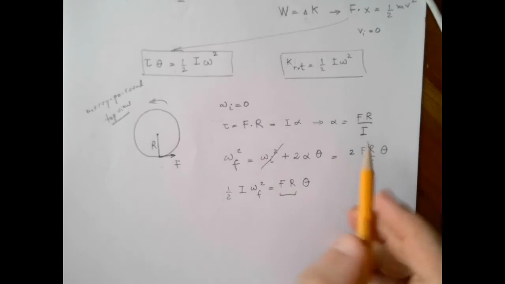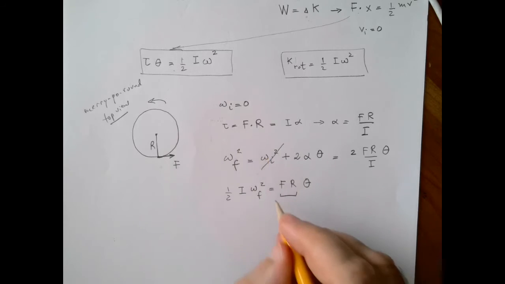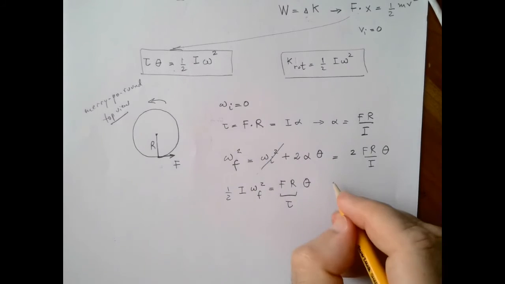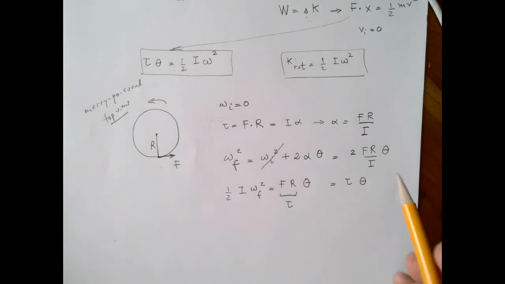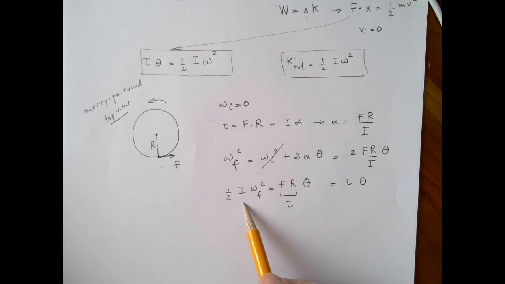But F R is precisely the torque tau. So indeed, what I obtained is that the final kinetic energy is equal to the torque multiplied by theta.